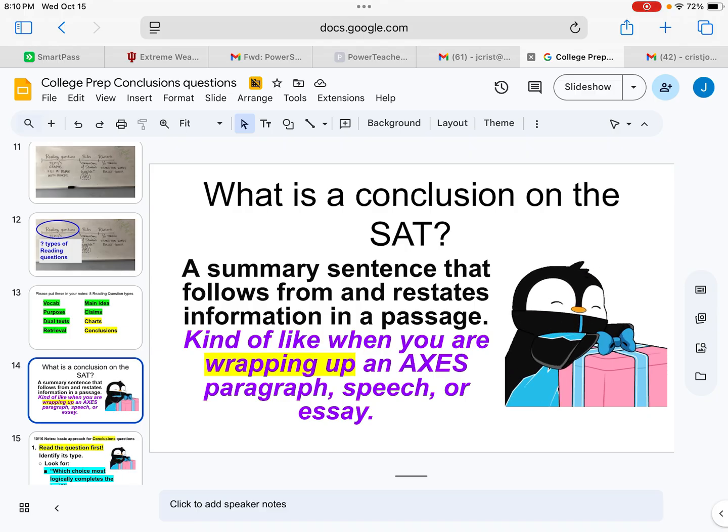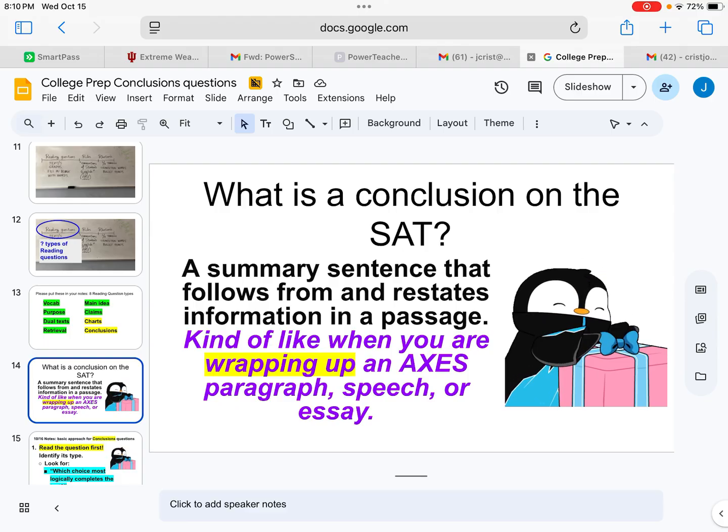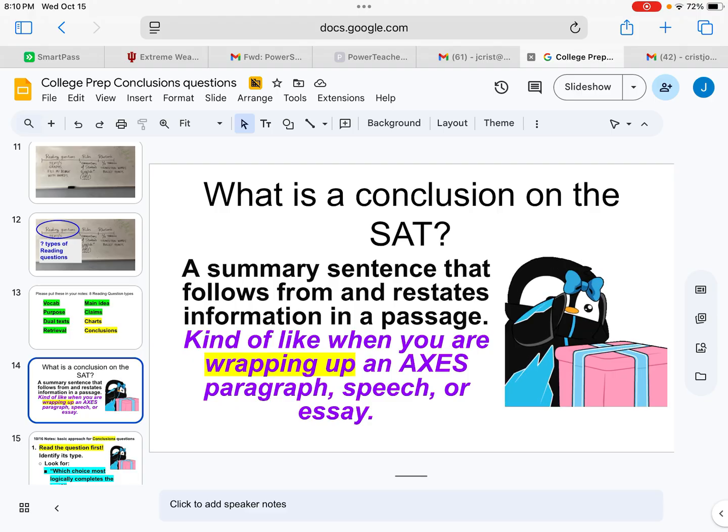So, what is a conclusion on the SAT? A conclusion is a summary sentence that follows from and restates ideas and information in a passage. So it's kind of like when you write a paragraph on the Axes model or any other model that your teacher has given you in English class.